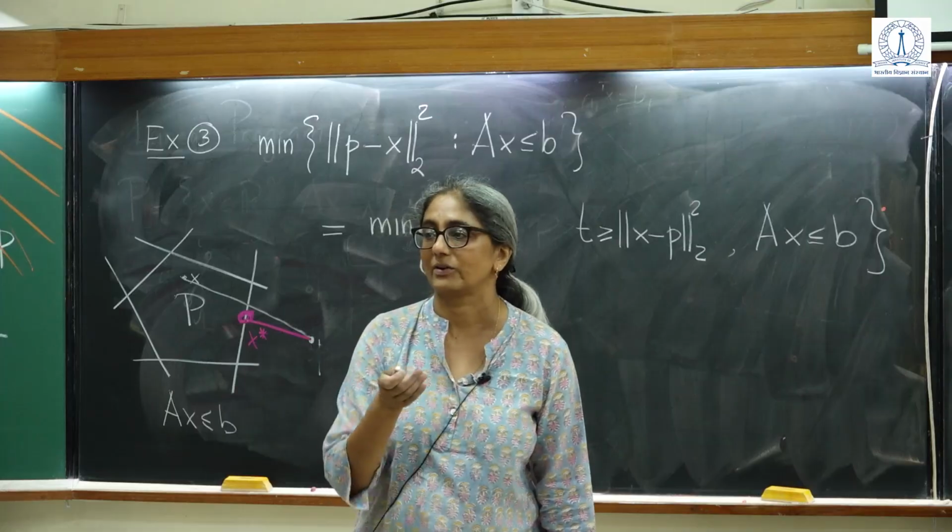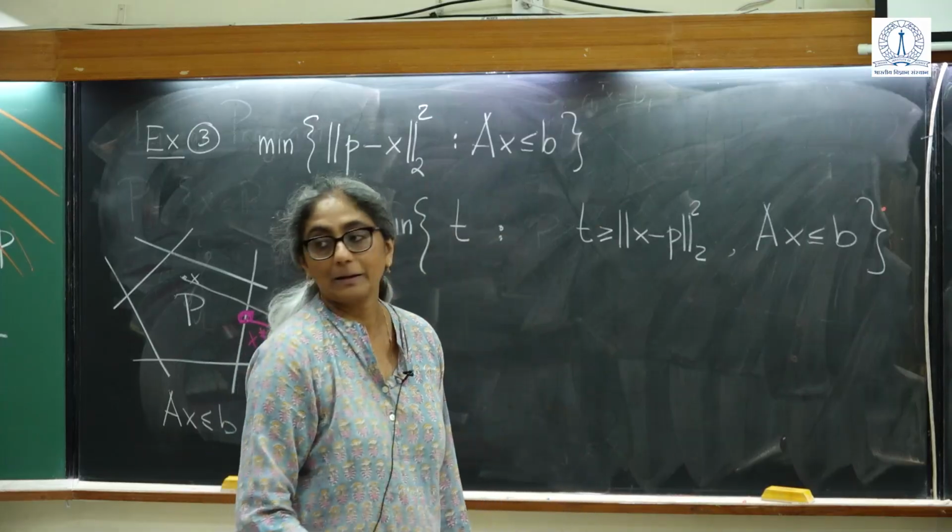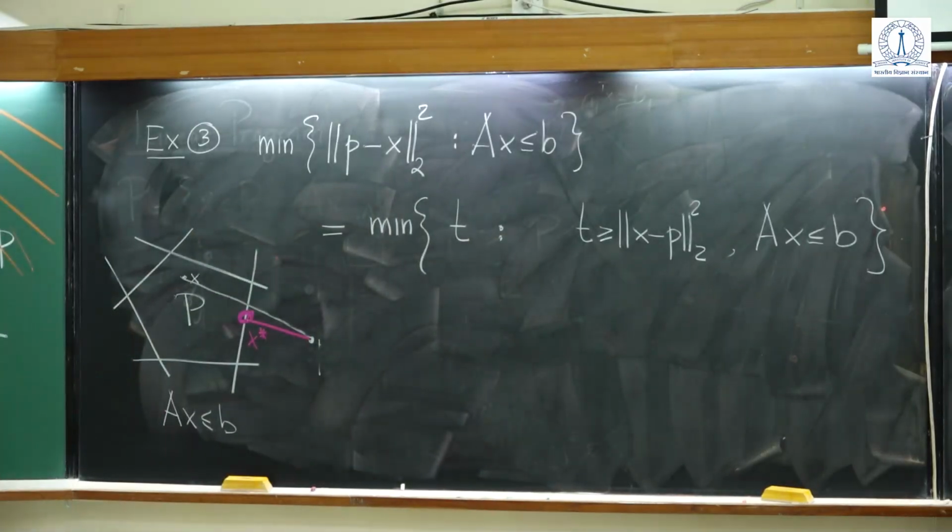So it seems like we are going in the right direction, because t is not present in any other constraint. Yeah, t is a brand new variable. It's not present anywhere. So I'm minimizing this t where t has to be greater or equal to this quadratic, and x only has constraints on it. Make sense? Okay, excellent.